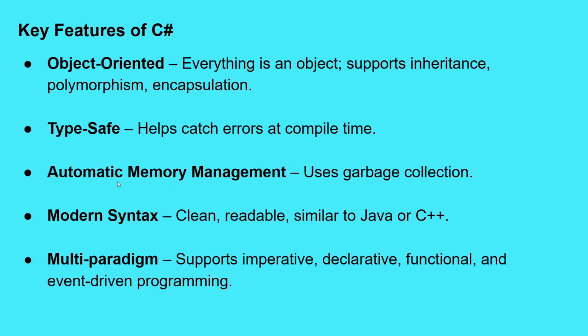The third one is automatic memory management, which uses garbage collection. The fourth one is modern syntax, clean and readable, similar to Java or C++. And the last one is multi-paradigm, supporting imperative, declarative, functional and event-driven programming.